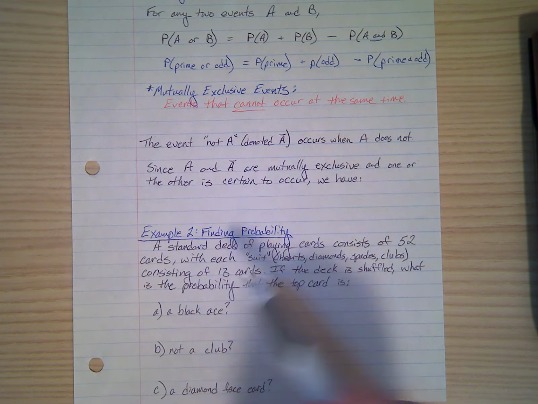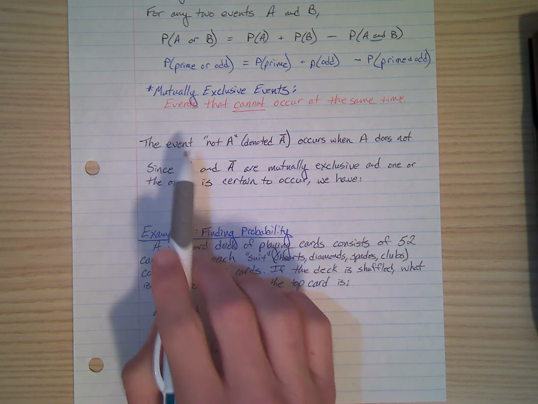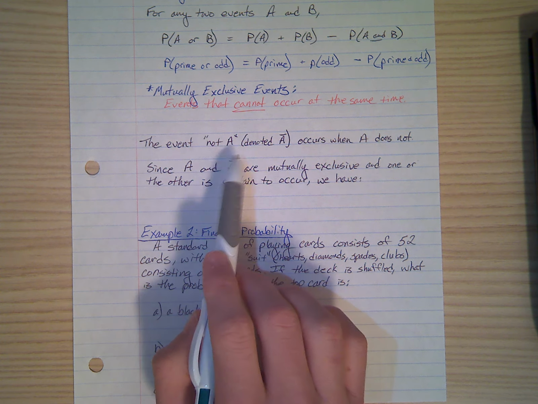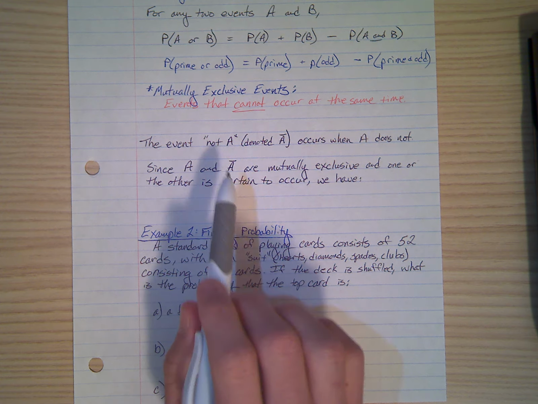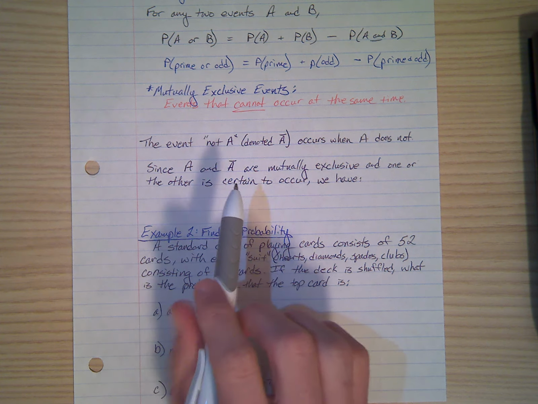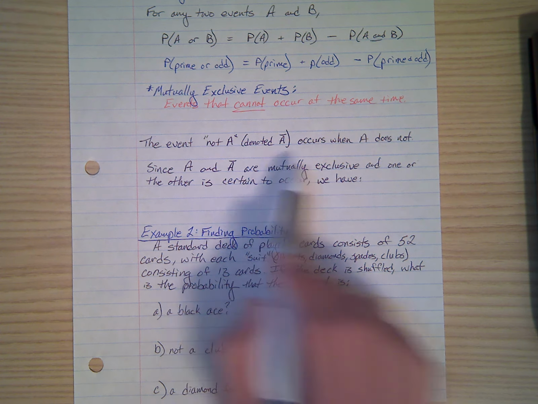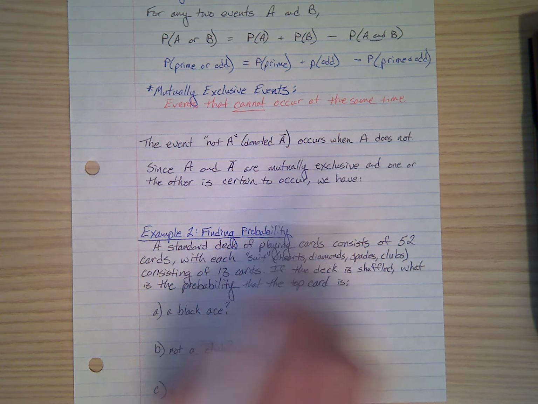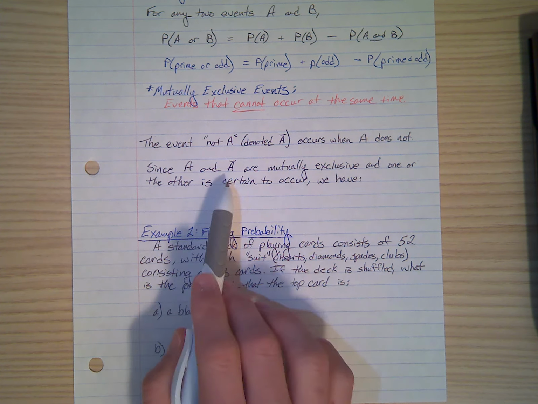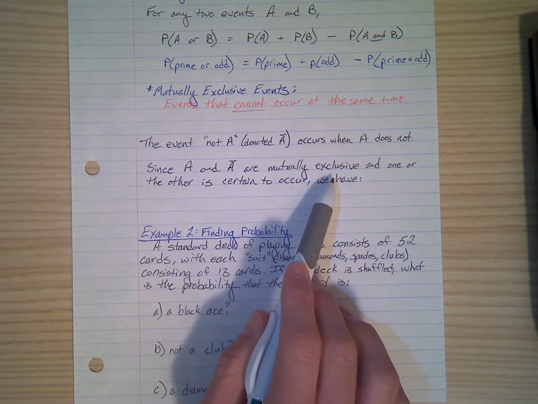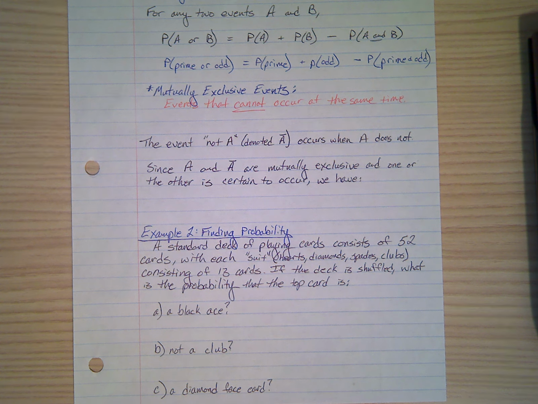So building off of that, the event not A, whatever A is, would be everything but what that is. Denoted A bar in this text, it occurs when A does not. Since A and A bar are mutually exclusive and one or the other is certain to occur, let's just think about it. You either have a prime or a not prime number. Those are the only two outcomes you could get.